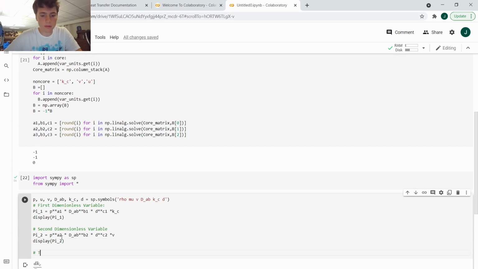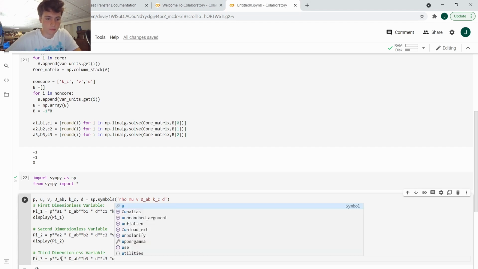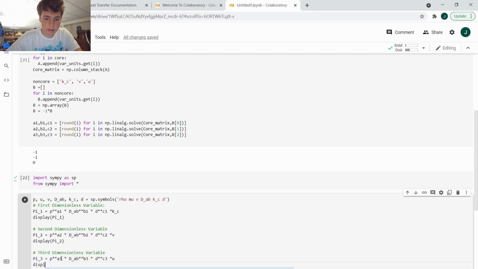And then we'll do the same thing with our third dimensionless variable. My typing skills are not the strongest. Okay. Paste again. These are just 3s now. And our non-core variable was viscosity, so mu. And then we just want to display that pi3.